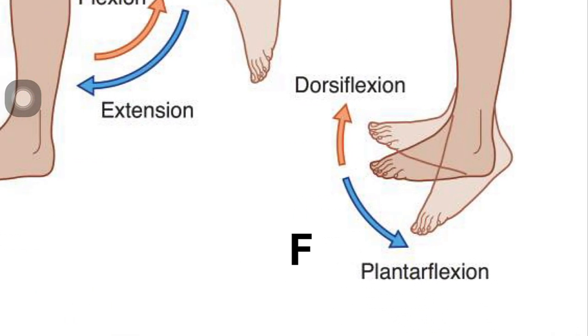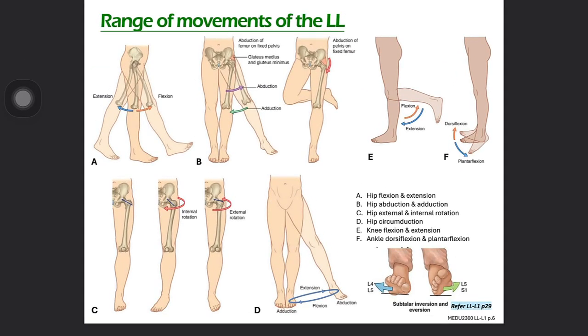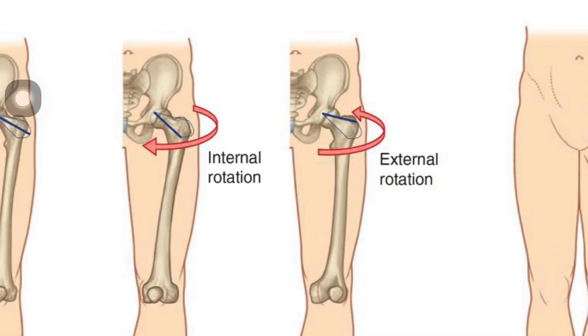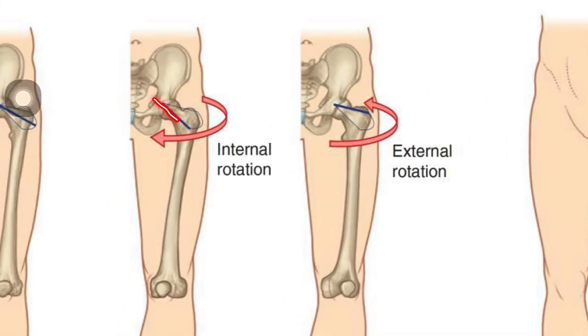For the foot here, we have dorsiflexion, and then plantar flexion, okay? And one more here is internal rotation. You take the kneecap, right, more to the midline. While for external rotation, you take the whole thigh, the femur, and rotate it laterally a bit. Okay.